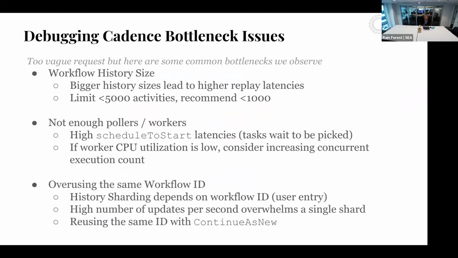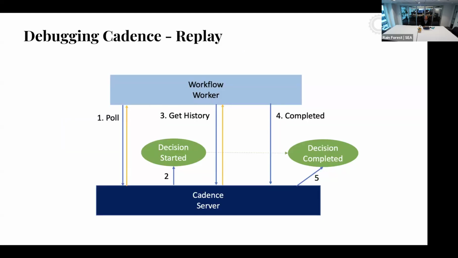So why are bigger history sizes leading to higher replay latencies? It's because when you restart your workflow, even if you are using sticky cache, we are losing the whole context about your workflow. Now we need to download the whole history, replay it until the point that the workflow was left off last time, then we can resume and execute the next decision.